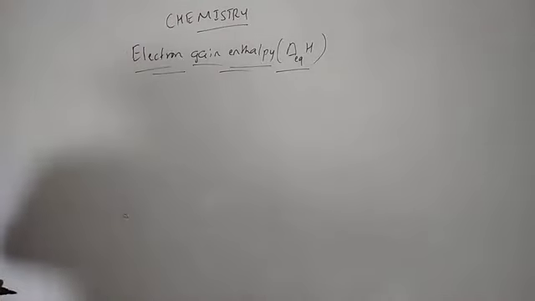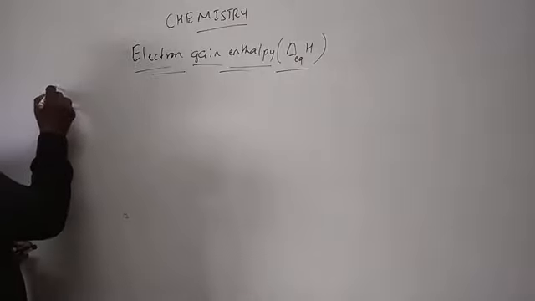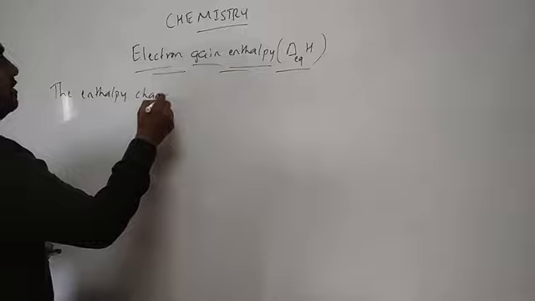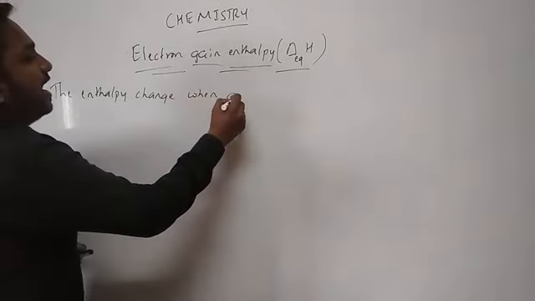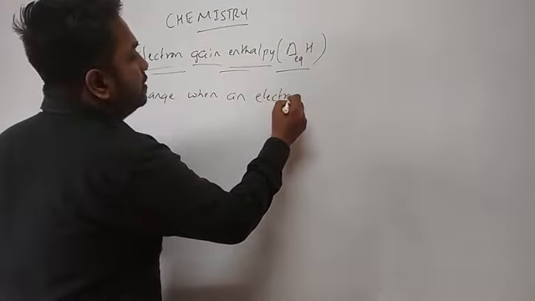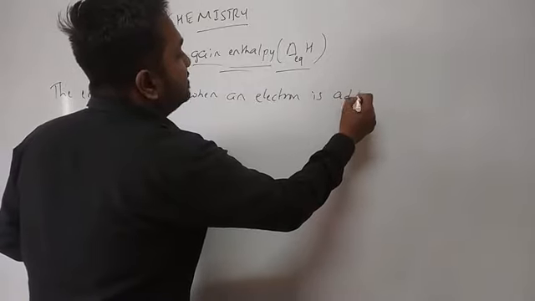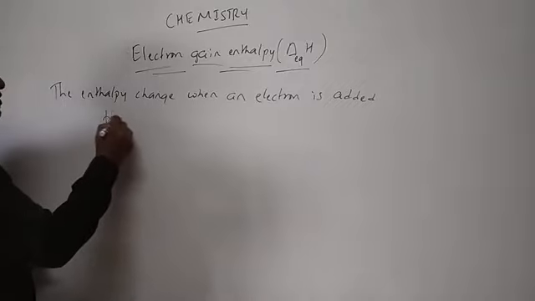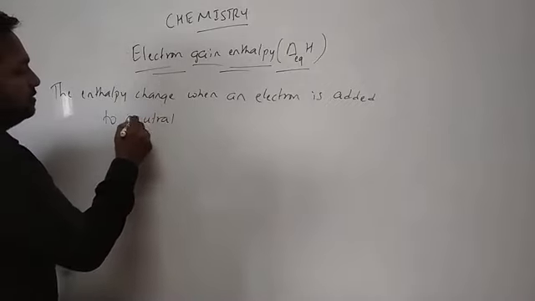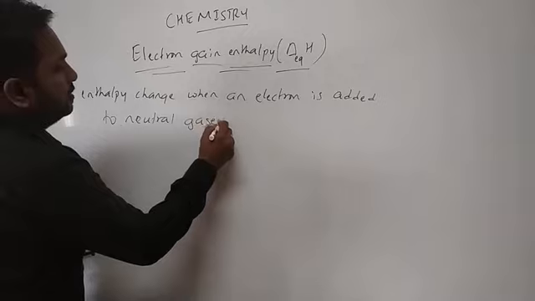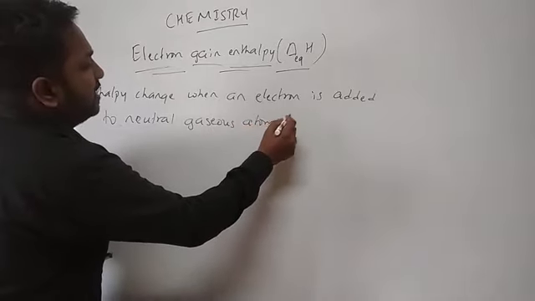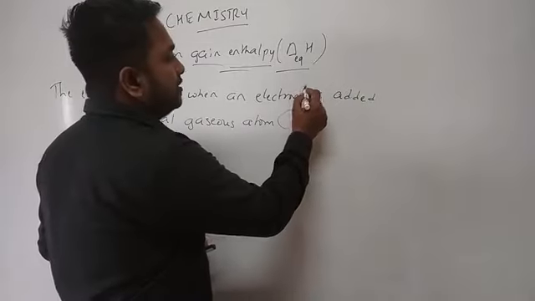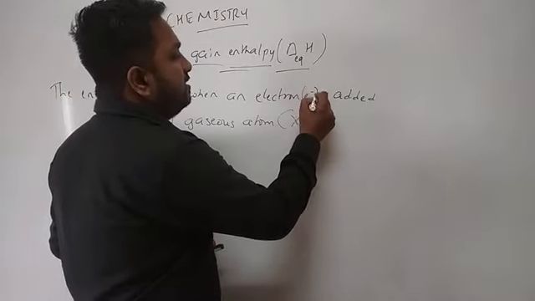Let us read the standard definition for this. Electron gain enthalpy is the enthalpy change when an electron is added to a neutral gaseous atom. The neutral gaseous atom we denote as X, and the electron we denote as e minus.